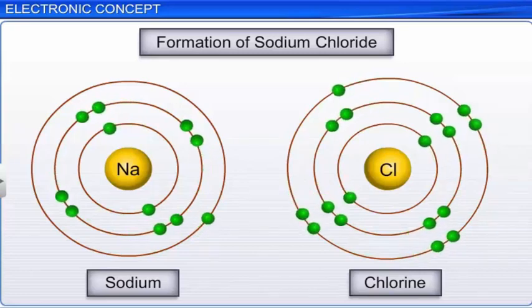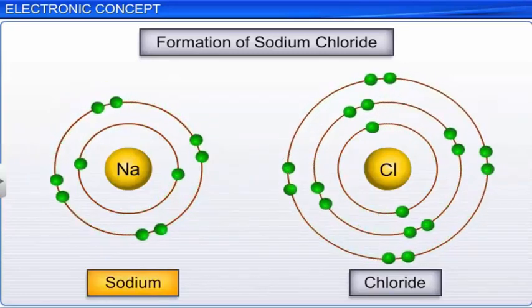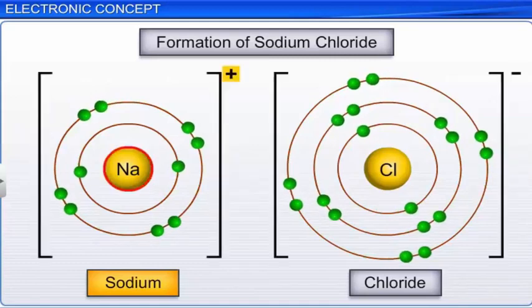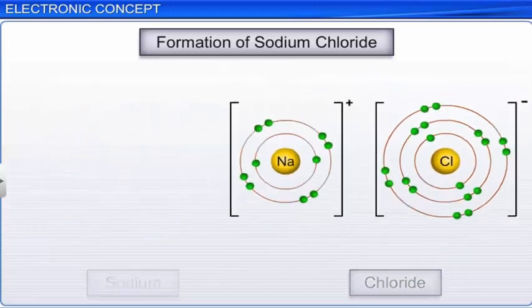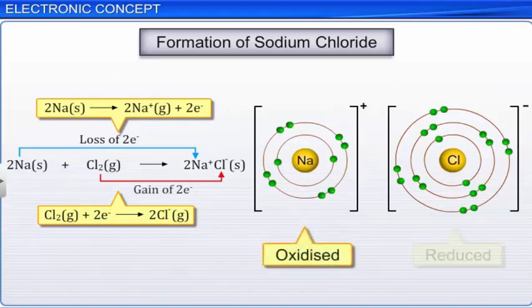In this reaction, sodium loses an electron and forms Na plus ion, while chlorine gains an electron and forms Cl minus ion. Hence, according to electronic concept, sodium is said to be oxidized, whereas chlorine is said to be reduced.